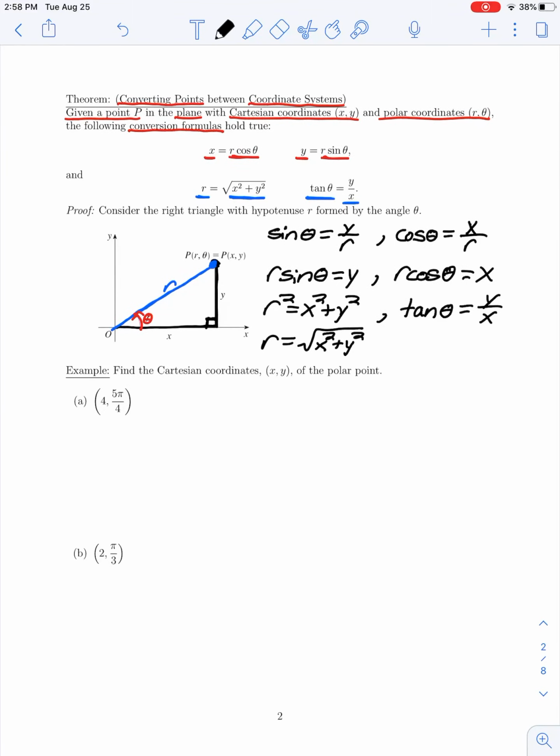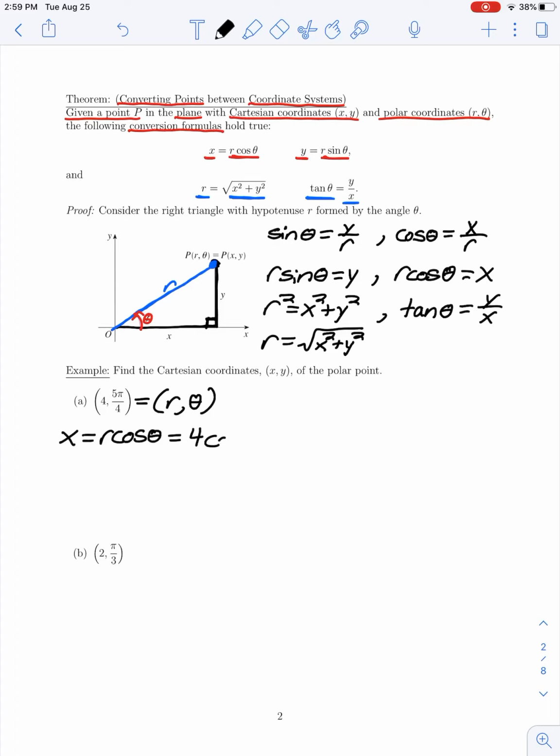So in this first example, we are asked to find the Cartesian coordinates, that is x and y, of the polar point. The points given here are in polar coordinates r, theta, and we want their rectangular coordinates. In part A, in order to get x, x is defined as r times cosine theta, and here r is 4.